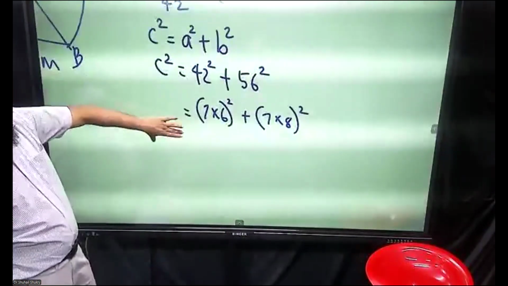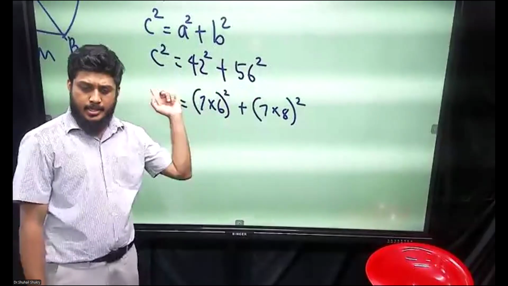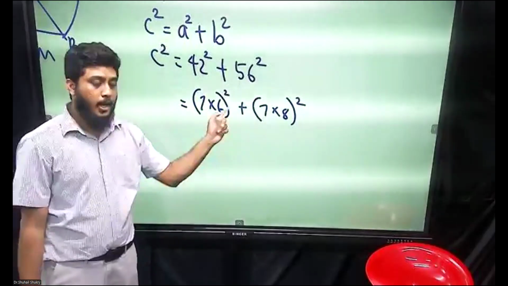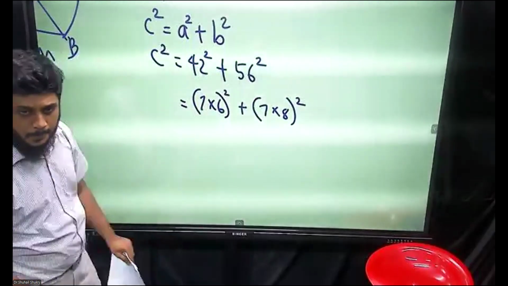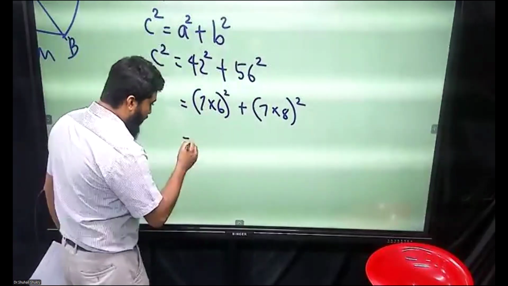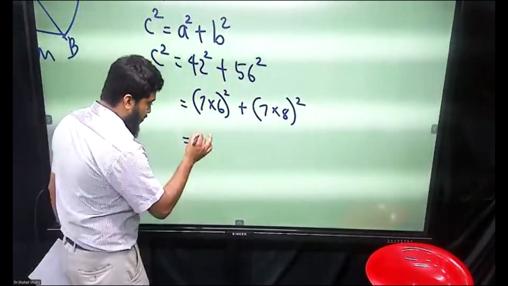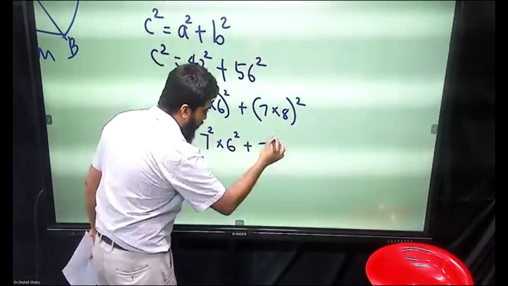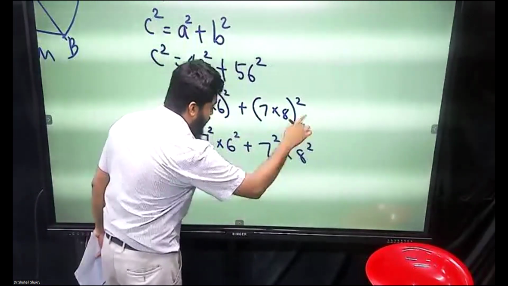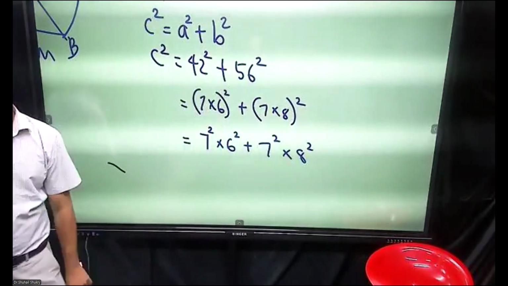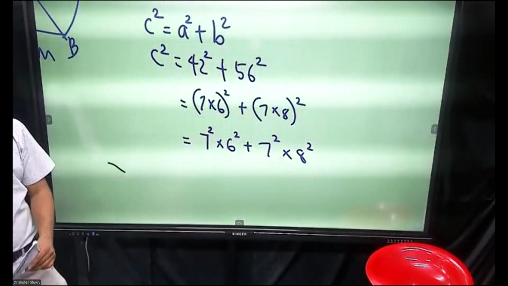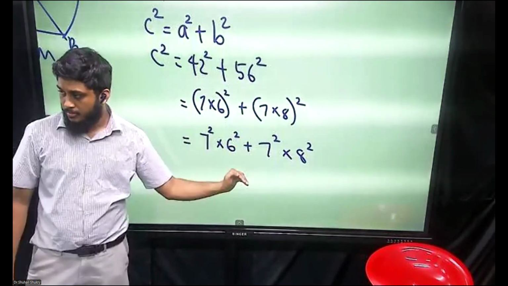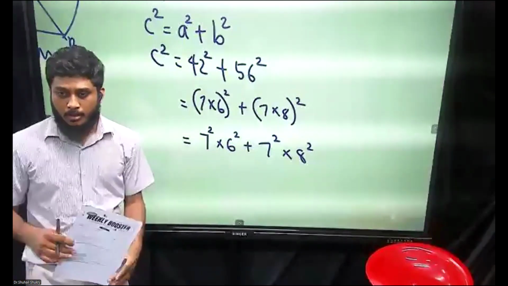Otherwise, you can do it your own way. First, check whether you can get the same number for those. Both are having 7. Then I can write it like this: 7 squared into 6 squared plus 7 squared into 8 squared, because these squares belong to both.